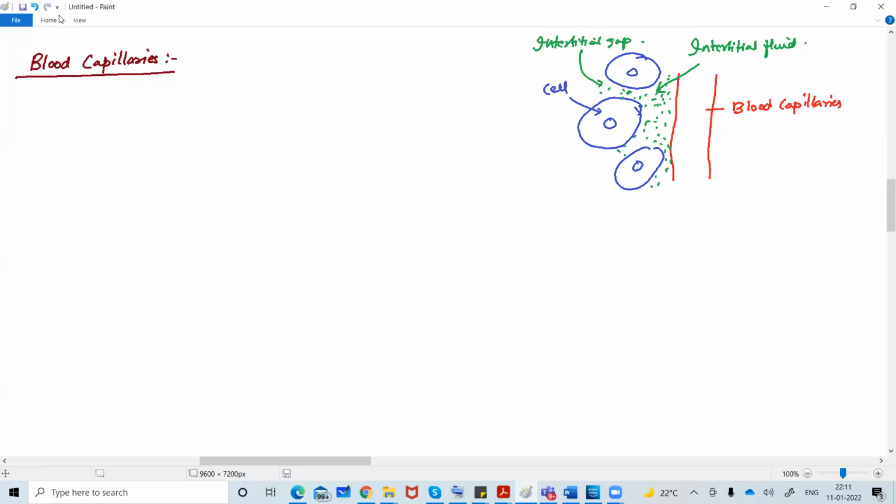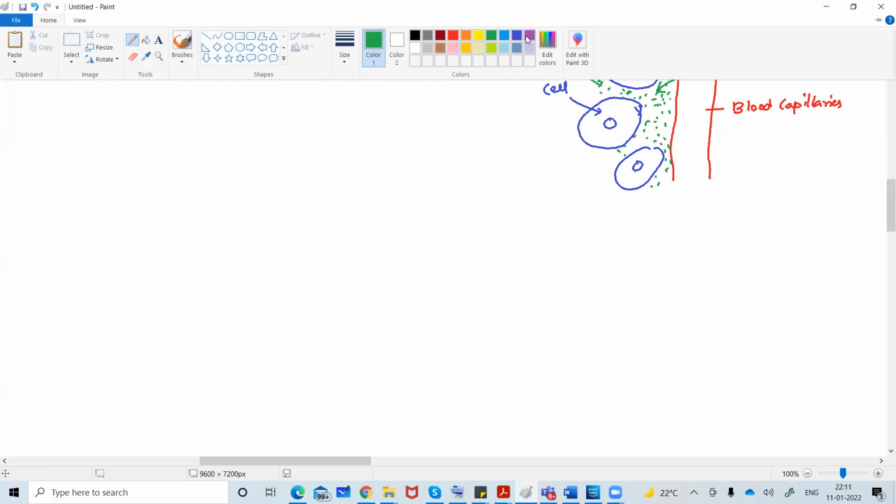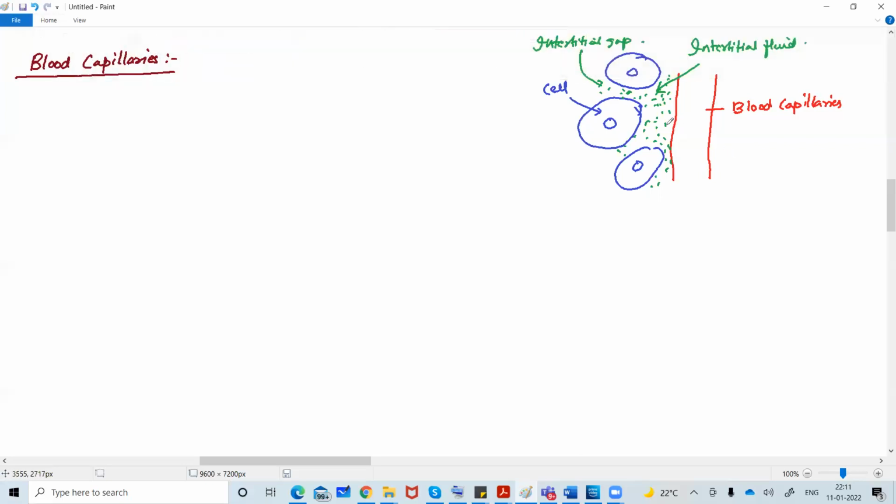Right, so let's take an example. If oxygen is going to get diffused into the cells, how is it going to go? Carbon dioxide is more in the cell, less in blood vessels. Oxygen is more in blood vessels and less in cells.